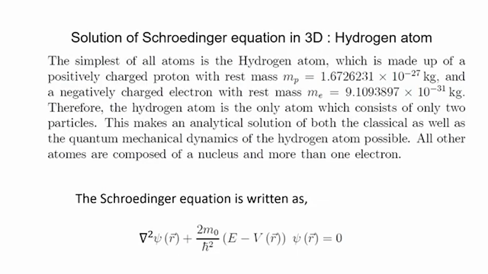So, let us go on to the Schrodinger equation in 3D, and we will again get what we have seen, the degeneracy and so on. This problem is significantly more complicated than the 1D problem because, first, it is in 3D, and second, there is the r theta phi coordinate system, the spherical polar coordinate system, that needs to be considered.